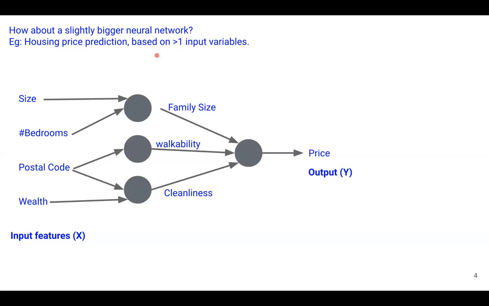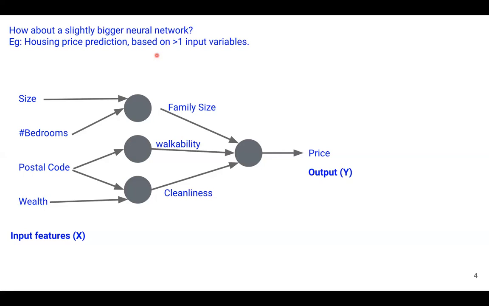Let's say the first node mostly relies on the first two variables, size and bedrooms, and it tries to compute how big a family size this house can accommodate. That will depend on the size of the house and the number of bedrooms.